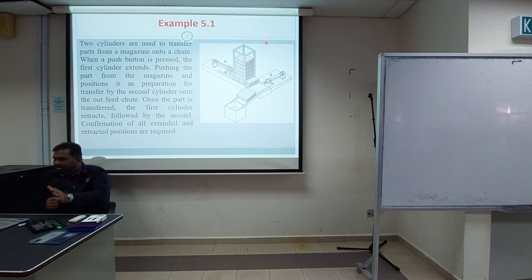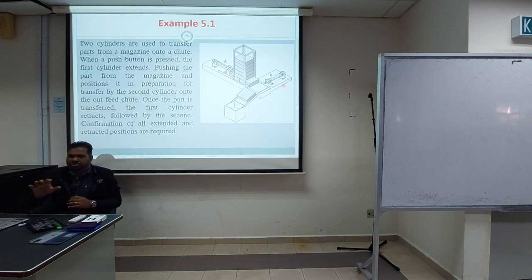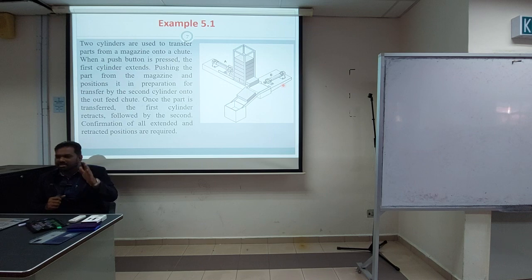Then A extends, pushes, and then A retracts back. Then the workpiece is at this place, so B pushes, then B retracts. So the operation is A plus, A minus, B plus, B minus. This is a simple packaging, maybe in packaging production it is like this.